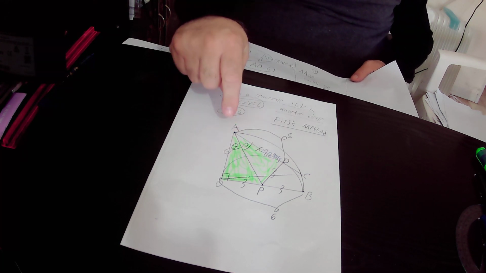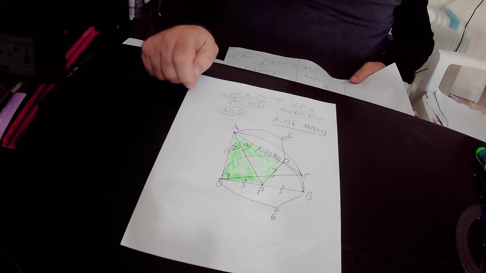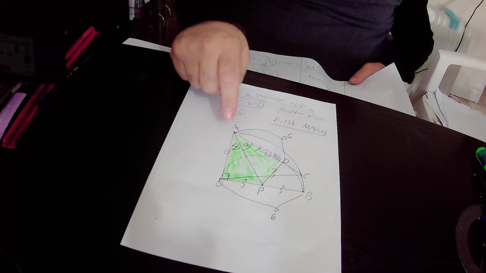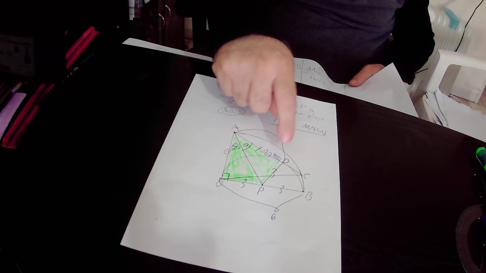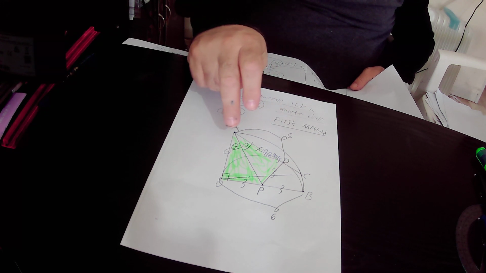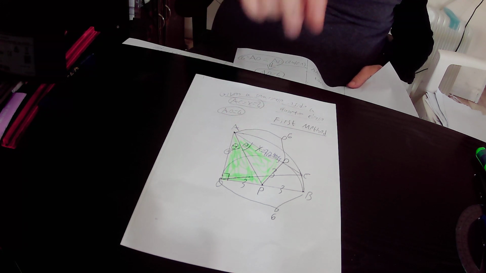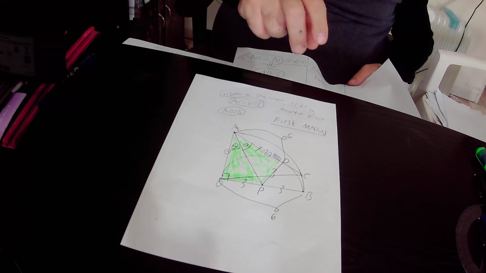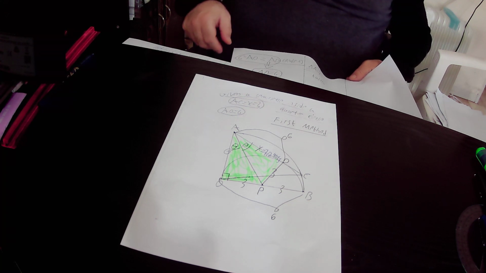AP is a common side that belongs to both triangles, so AP equals itself, and OP equals PD equals 3 units. So all the sides of triangle ADP equal all the sides of triangle AOP. Therefore, those two triangles are congruent according to the side rule.